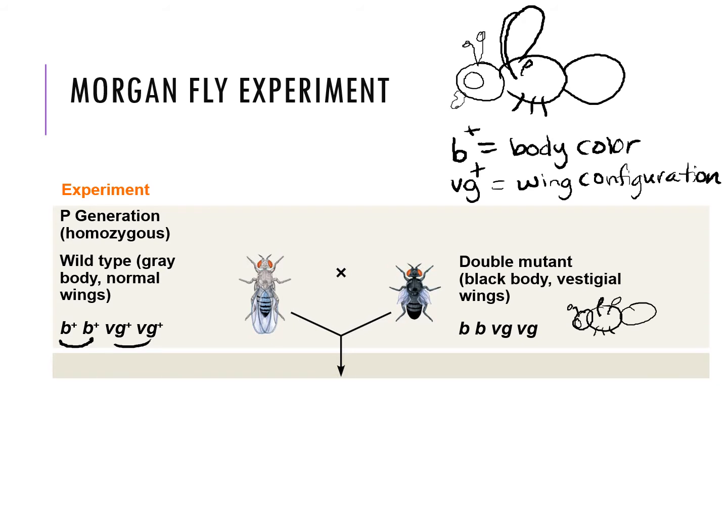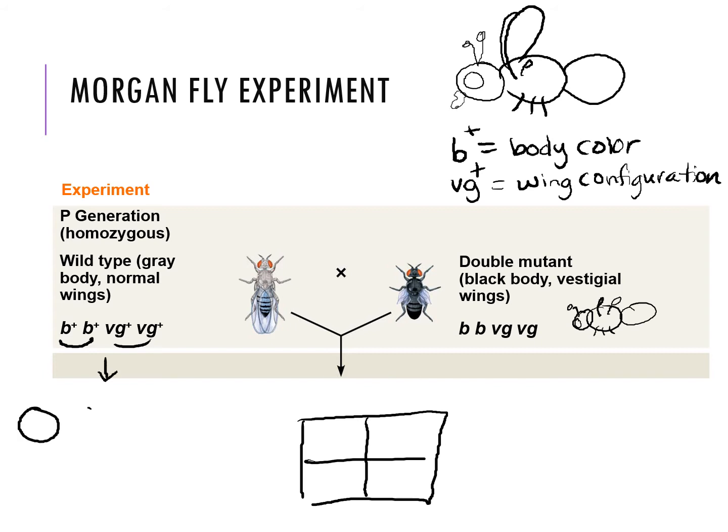So if we were going to make a Punnett square of this particular cross, okay, we know that our P generation is going to produce 4 gametes. Okay, and in those gametes, we're going to have B+, so the wild type allele, in all of them, and we're also going to get VG+ in all of those gametes, okay, because that's all they have to offer. So we'd have B+ VG+, or B+ VG+. Those are your choices from our wild type fly.